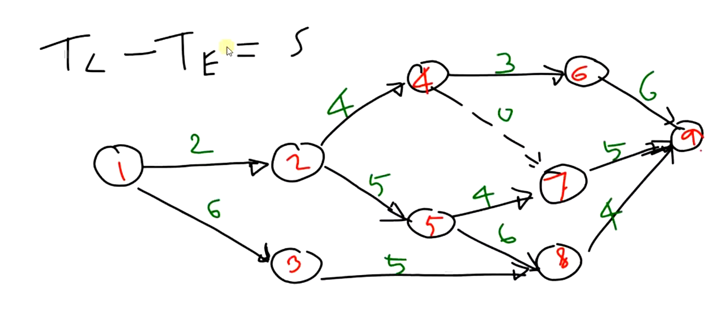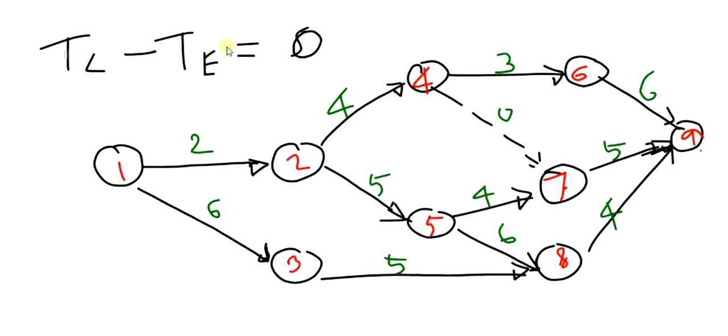So TL minus TE is equal to slack. If this is 0, then that event will be in the critical path, and obviously that activity will be part of the critical path.